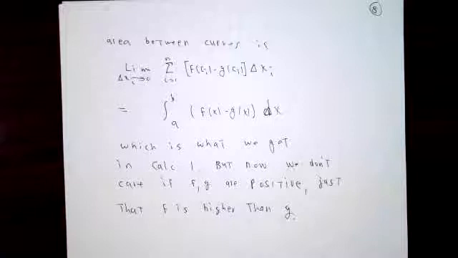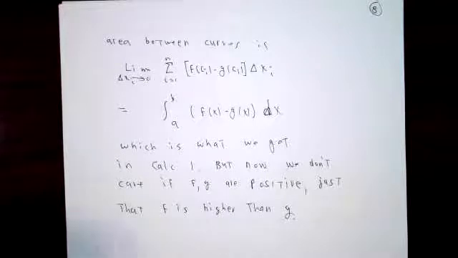This is the same formula that you got back in Calc 1, but unlike what happened there, I don't care if f and g are sometimes positive and sometimes negative. It is irrelevant to me. Also, I do care that the f is above the g. If that's not always true, we'll have to do something about that.